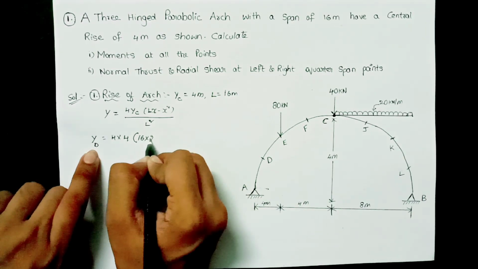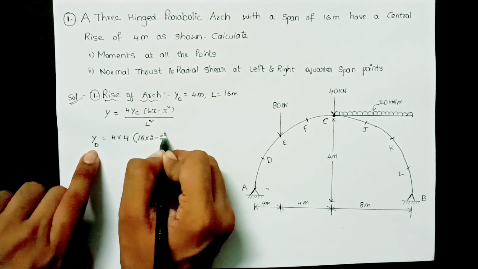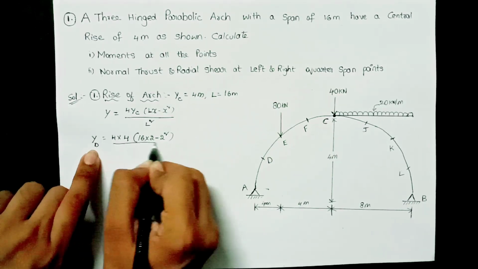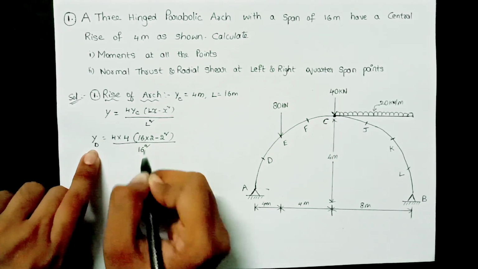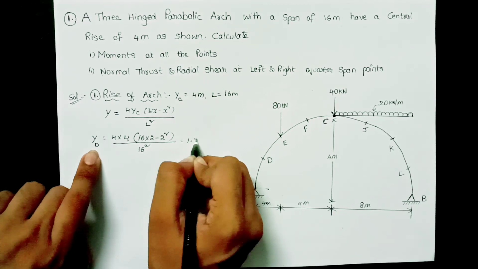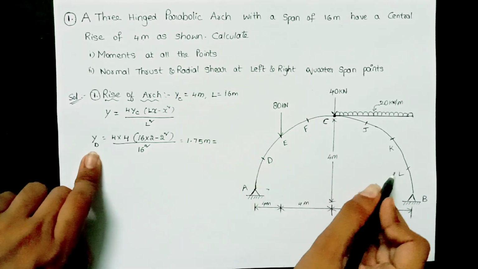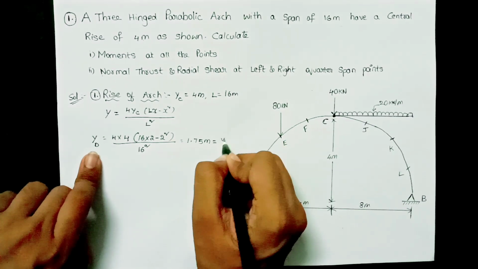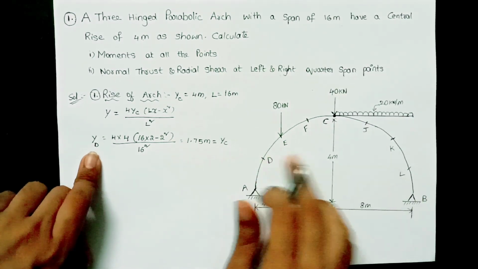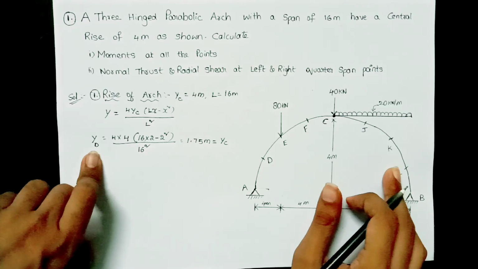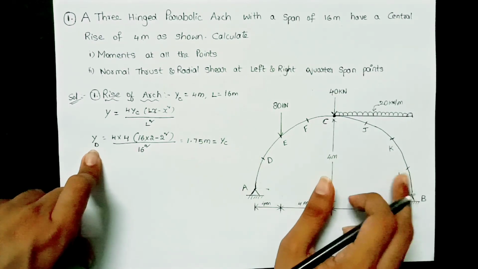So 2 meters minus x square, that is 2 squared, divided by L square, that is 16 squared. We get the value as 1.75 meters. This will be equal to the rise at L by symmetry. These two points are at the same level on either side, so there is no need to calculate it separately.